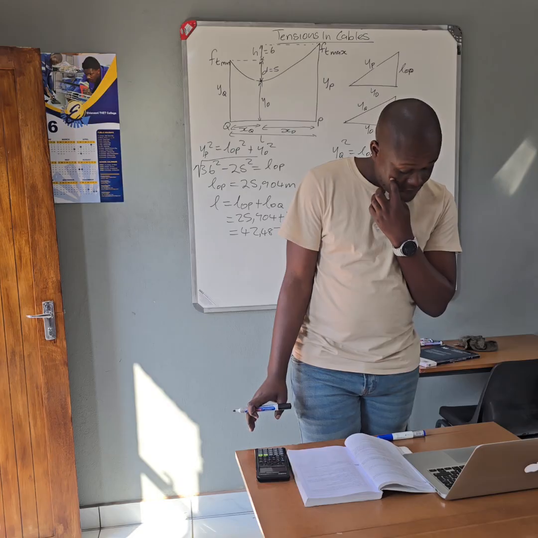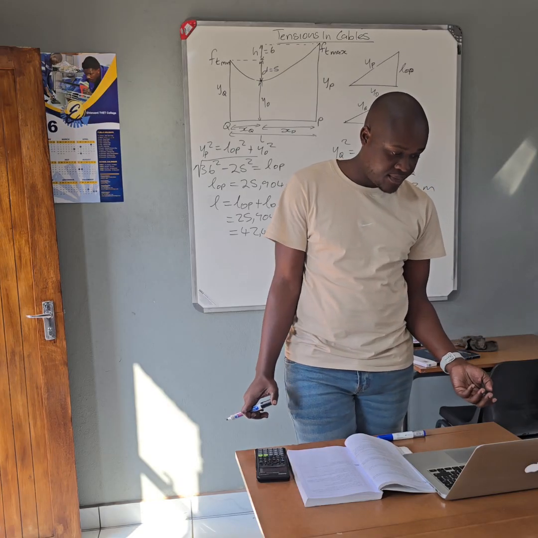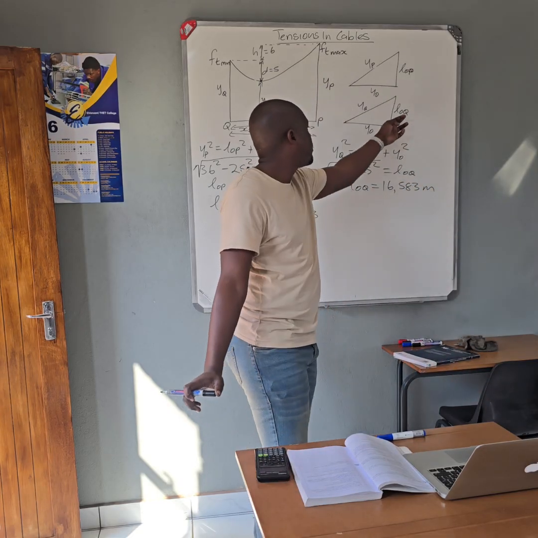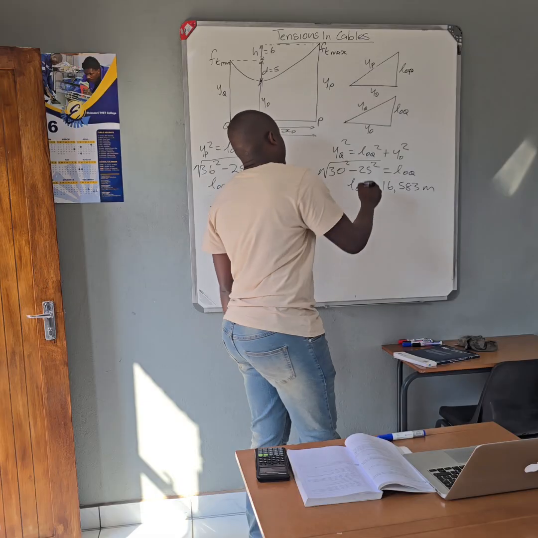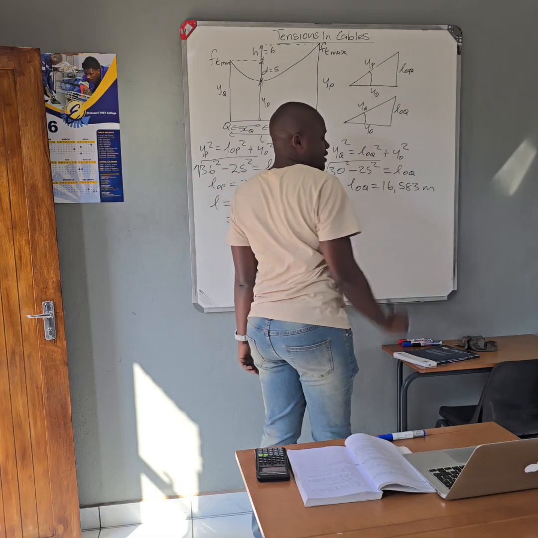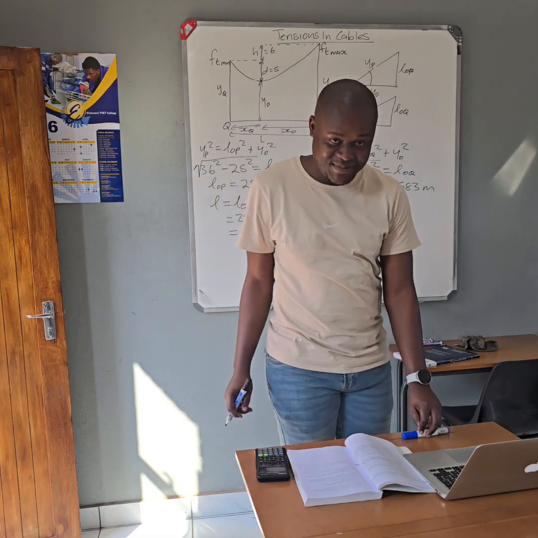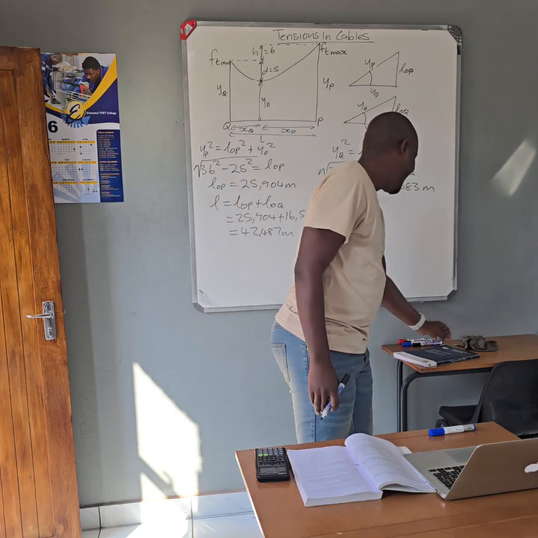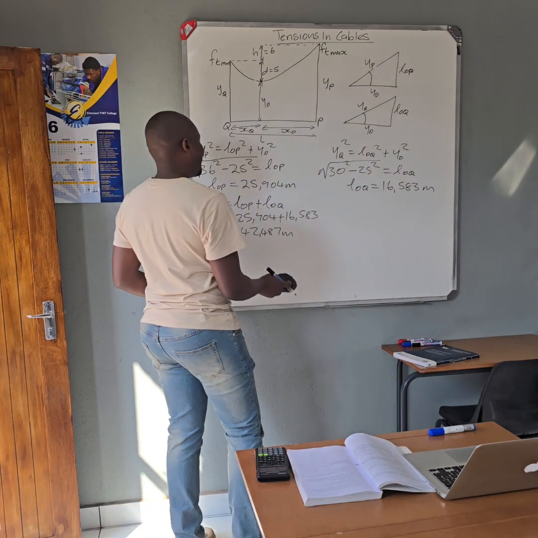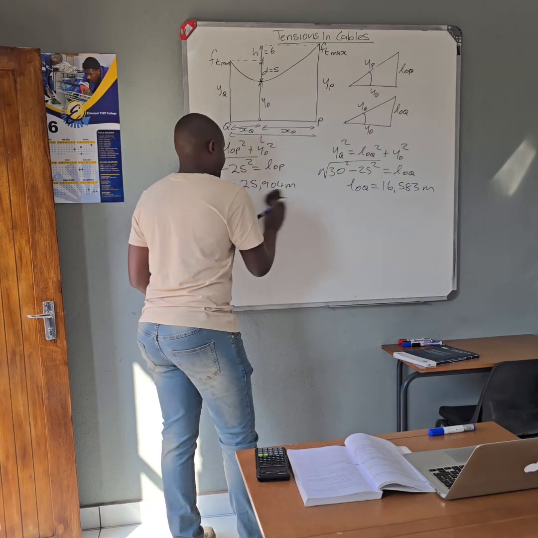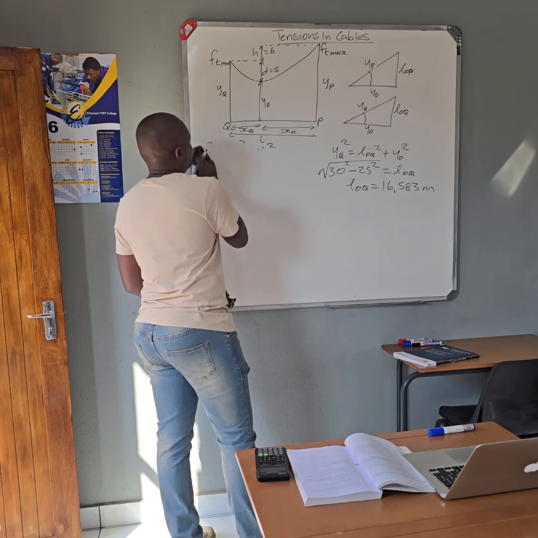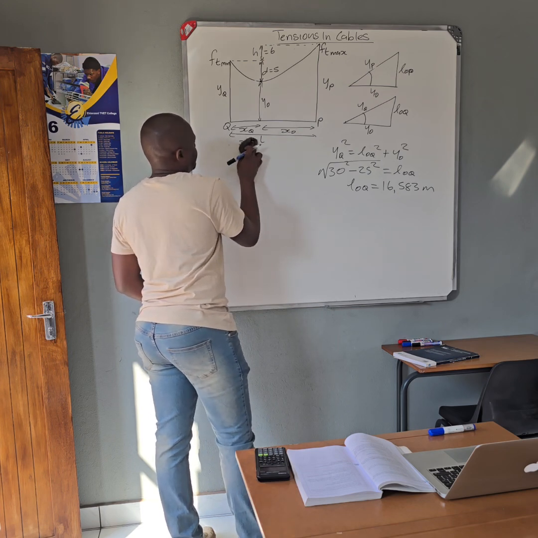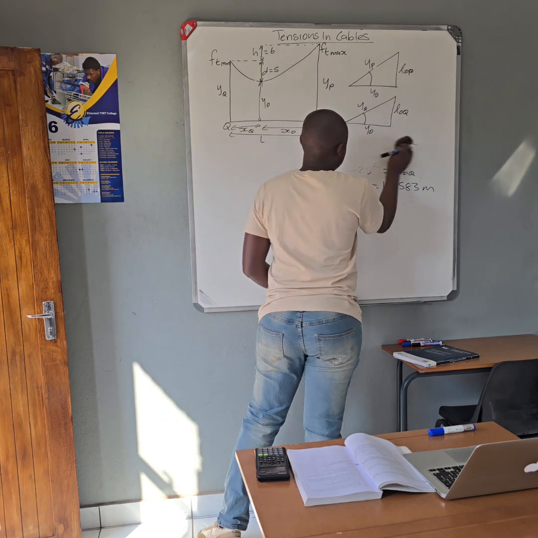Third question, slope of the cable. Catenaries are simple.